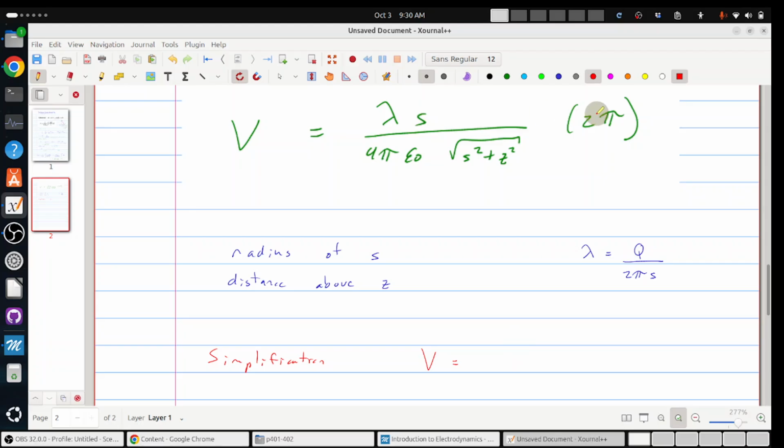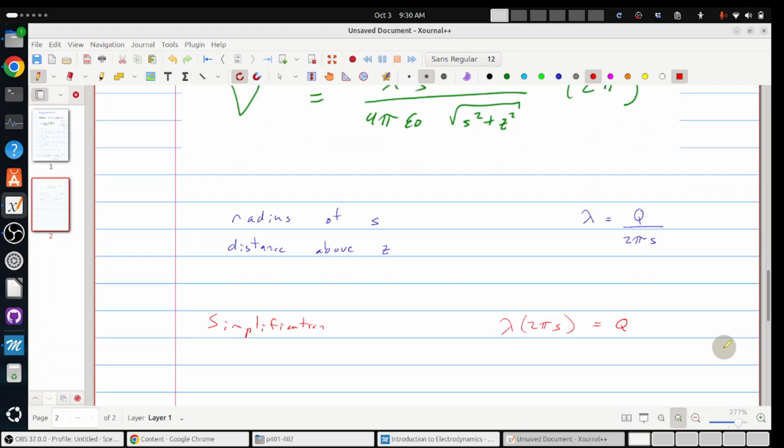Well, notice I've got 2 pi and s, and so lambda 2 pi s, let me do this in a couple of stages here, is equal to Q. So that V becomes Q over 4 pi epsilon naught, the square root of s squared plus z squared.